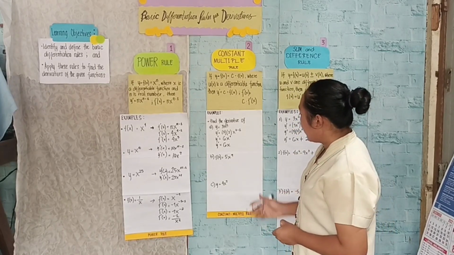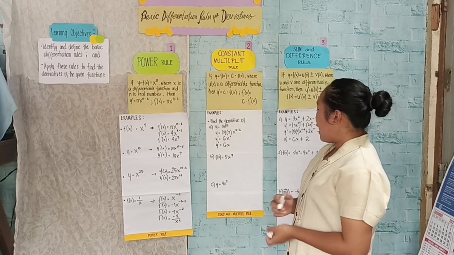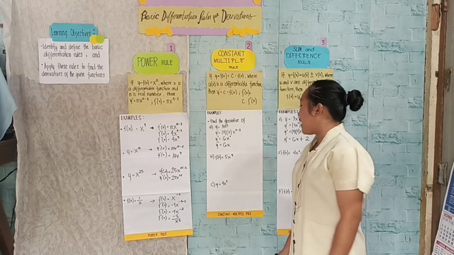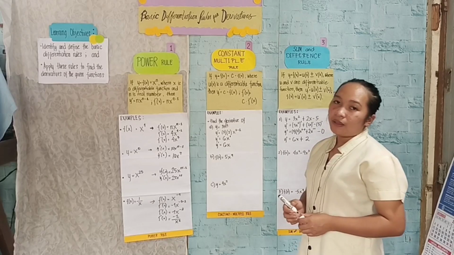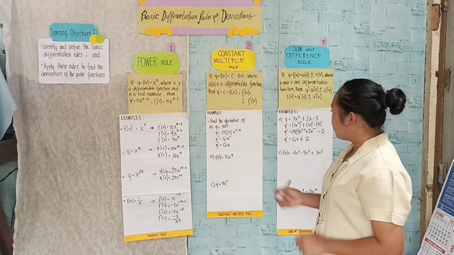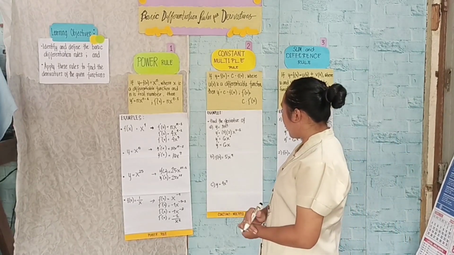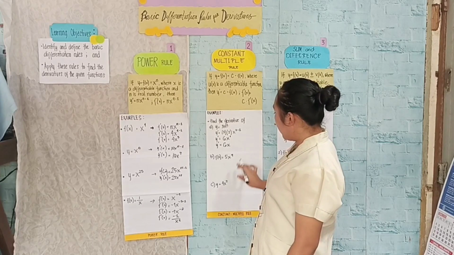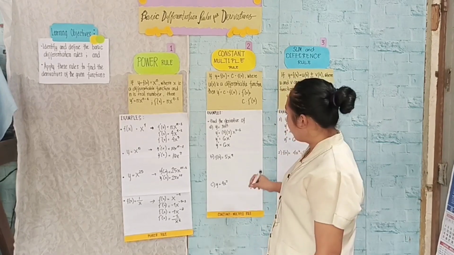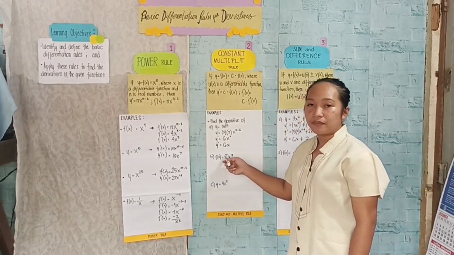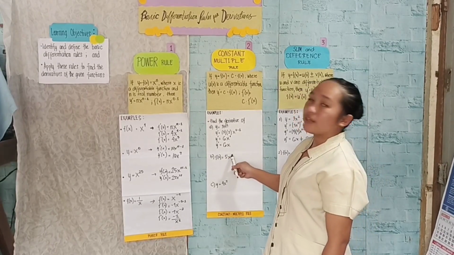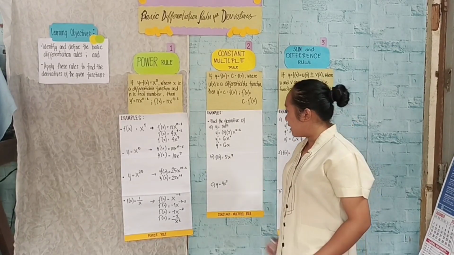As easy as that. Then the second example, f of x is equal to 5x raised to the power of 9. How are we going to solve it? First, let us identify the numerical coefficient. It is 5. Then our exponent is 9.